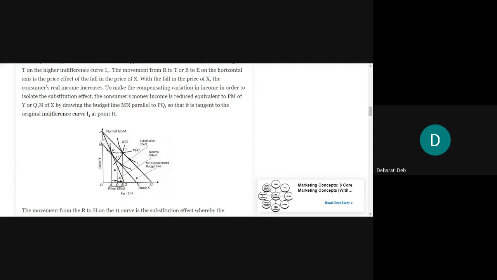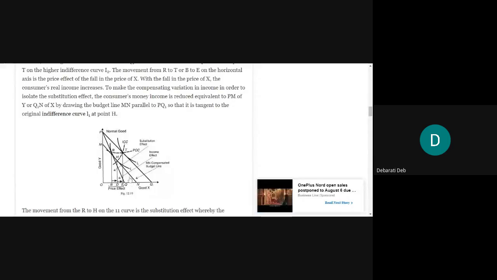Previously it was PQ, then it shifted to PQ1. Now we will bring down that budget line with a parallel movement. From PQ1 we'll shift to a new line called MN, which will be parallel to PQ1, but it will be drawn at a lower area in the graph. So MN we are drawing, and this is a budget line.